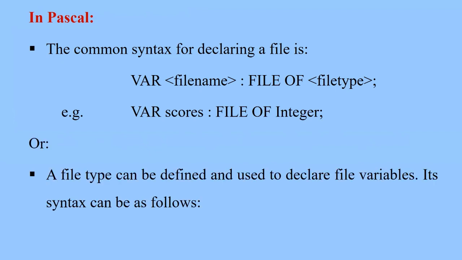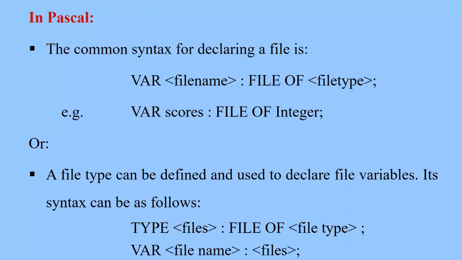Also, a file type can be defined and used to declare file variables, and therefore its syntax would be as follows. Type files, file of file type. Then variable var file name of type files.